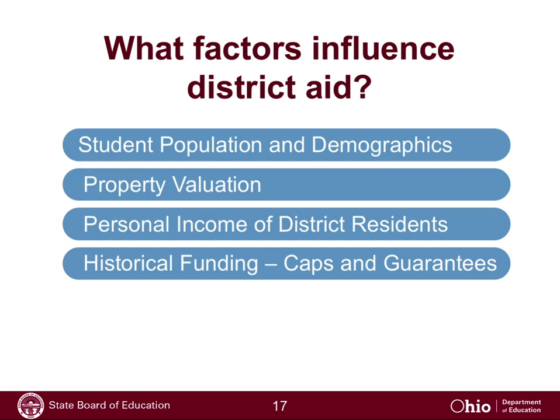At the same time, state regulations have also sometimes capped the increase if a district, through the computation, looks like it should receive a significant amount more of state resources. Sometimes a cap is put into place to smooth out the increases, and guarantees smooth out the decreases that a district might otherwise experience.